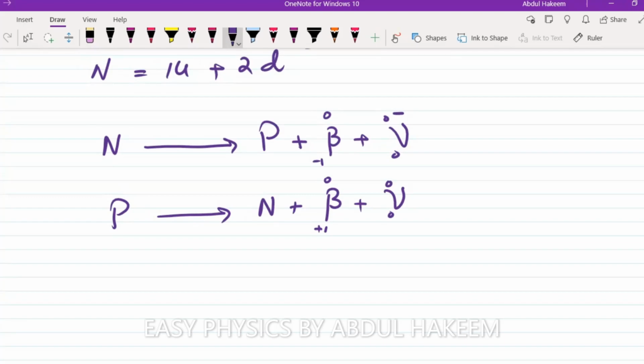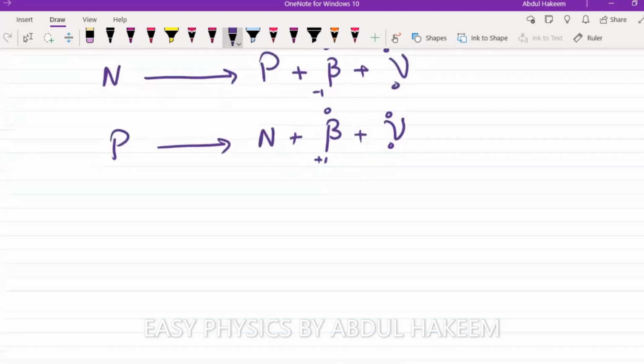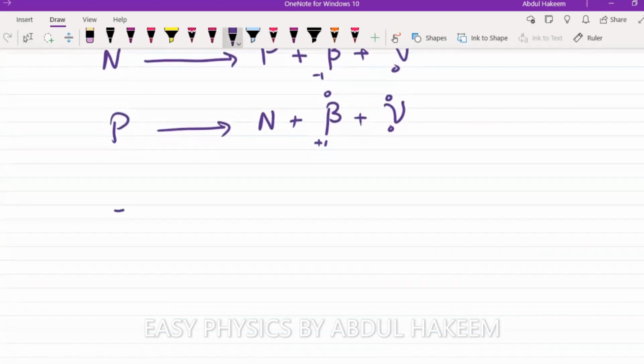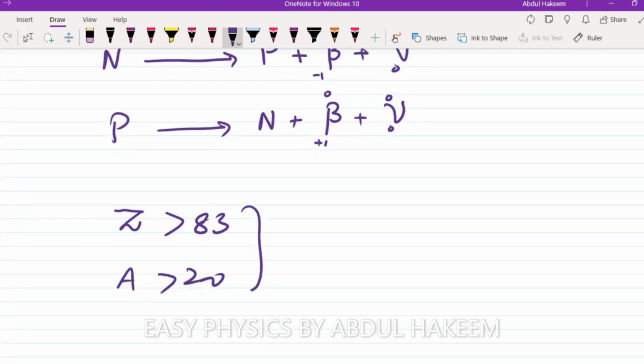Next, if the proton number, meaning Z, is greater than 83, or the mass number is greater than 200, the nucleus is called natural radioactive, unstable. For stability, it emits radiation.